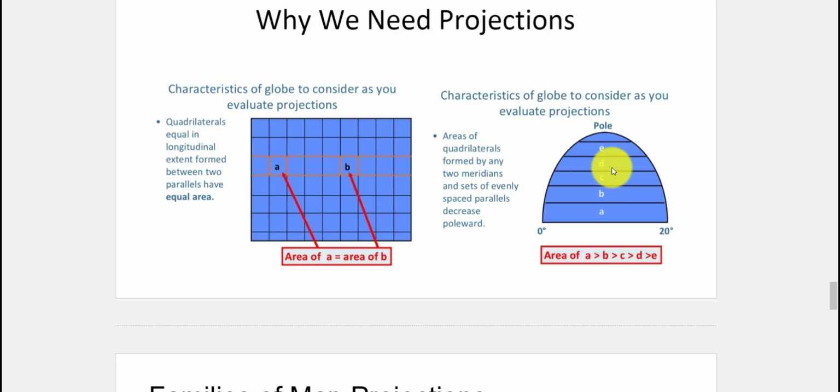But if we are taking this product and it's actually from a globe, you can see here that the areas of the quadrilaterals are not the same size. A is greater than B, which is greater than C, which is greater than D and E. Again, this globe is a three-dimensional product. This is actually a two-dimensional product.